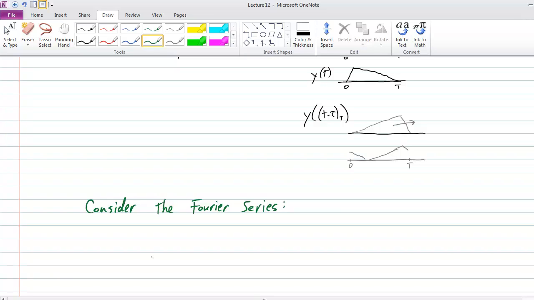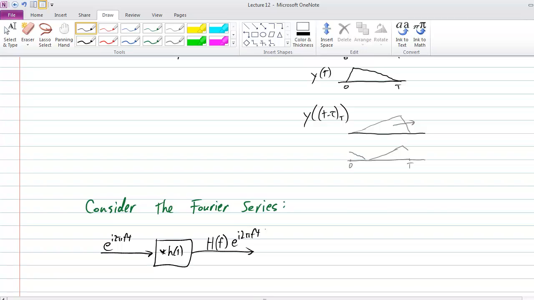That's how we motivated this. We found that if we put in e to the i 2 pi f t, and this was a convolution with h, then we get out h evaluated at f times e to the i 2 pi f t.